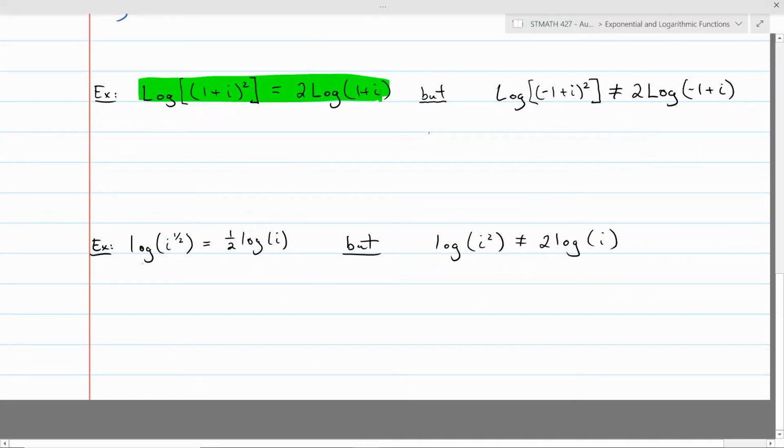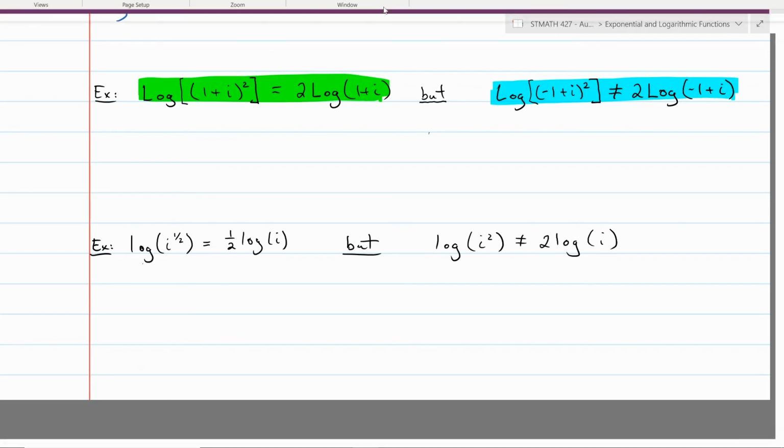In the one I just highlighted green here, it's basically saying you can do the common thing that you do with logarithms where you pull down exponents. But if you change the complex number a little bit, all of a sudden it becomes not true. So let's see why this is true real quick.